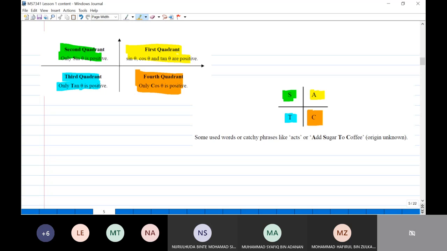A simple way to remember this: A for all, S for sine, T for tangent, C for cosine. Another way to remember this is "add sugar to coffee": add, sugar for sine, to, coffee.